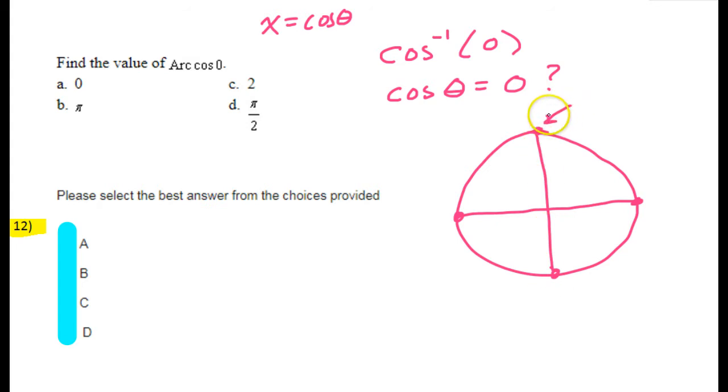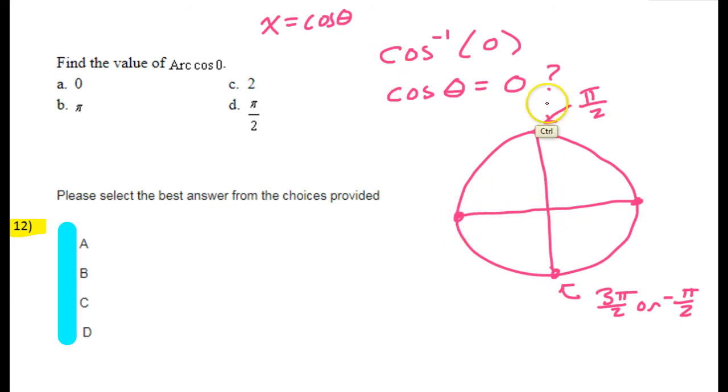So the x value will be 0 here at pi over 2, and it will be 0 here at, you could think of it as 3 pi over 2, or you could think of it as negative pi over 2, depending on if you went counterclockwise or clockwise. But anyway, these are the 2 positions.